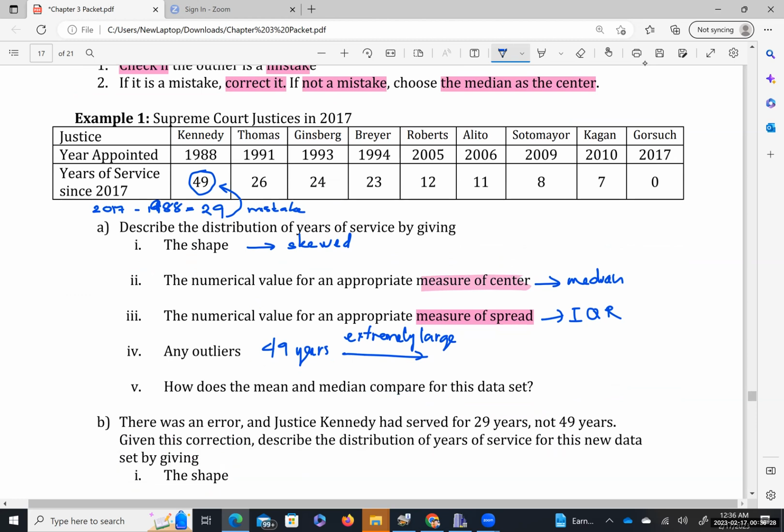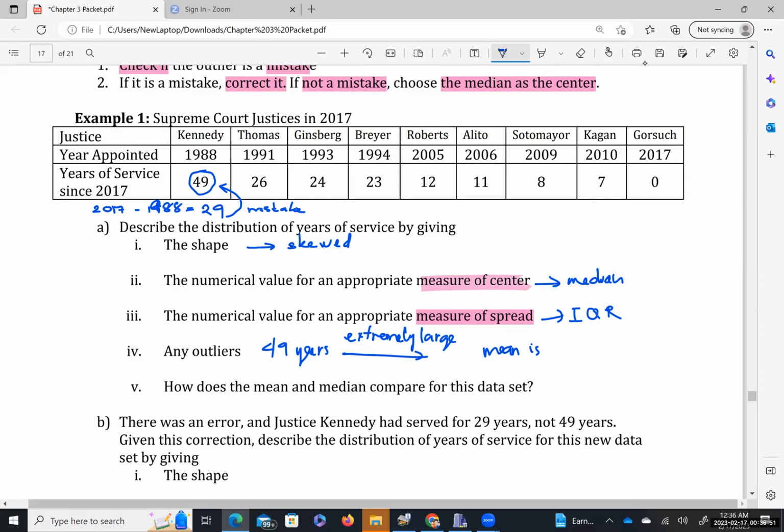What else? That will make the mean larger.